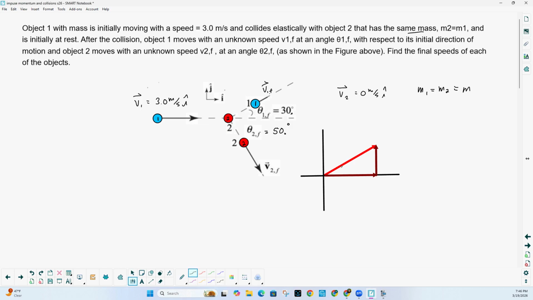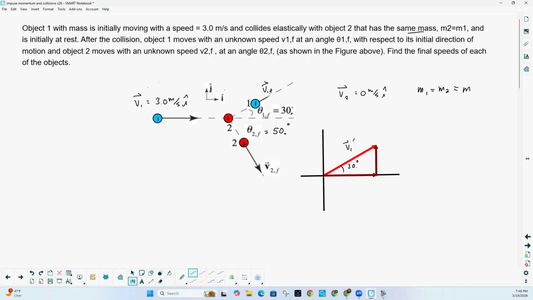The angle here is going to be the 30 degrees. This is going to be your V1 final. I'm going to erase that and use something a little bit different. I'm actually going to use V1 prime because once you start getting the subscripts in there with the X and the Y direction, you're going to end up with too many subscripts and it might get confusing.